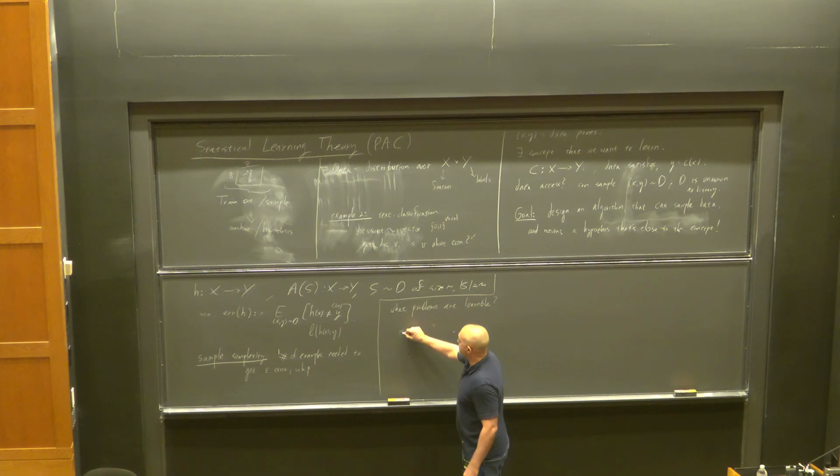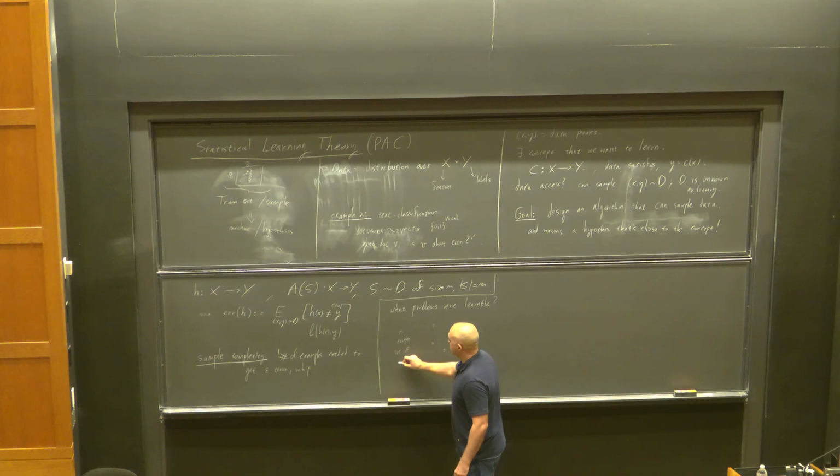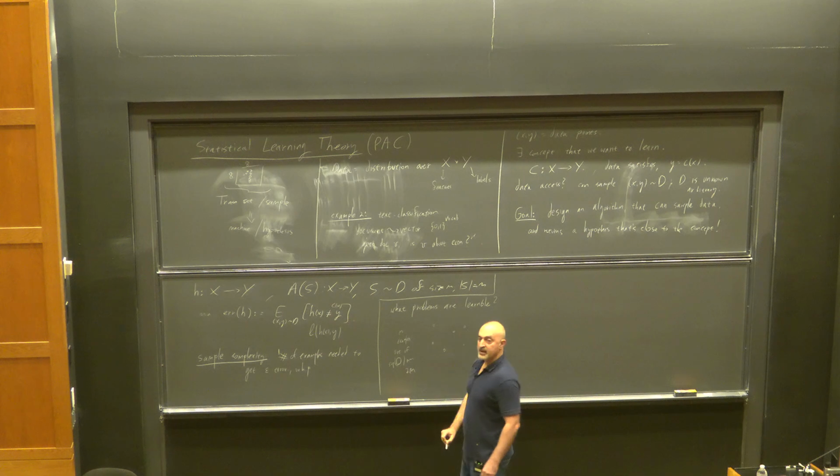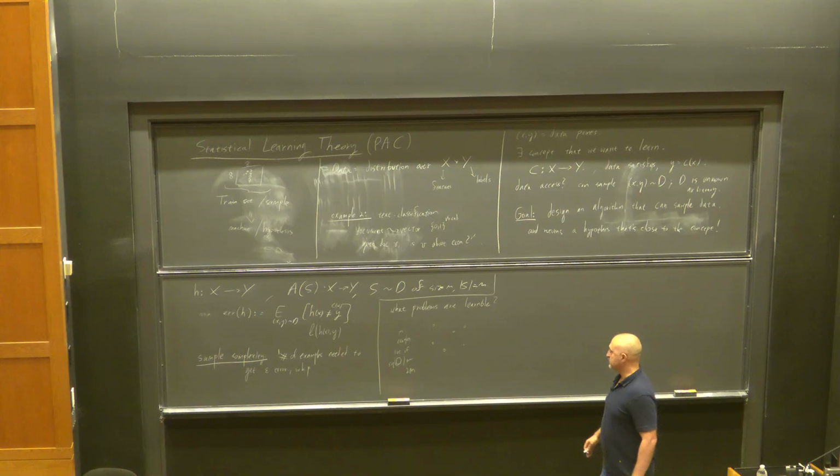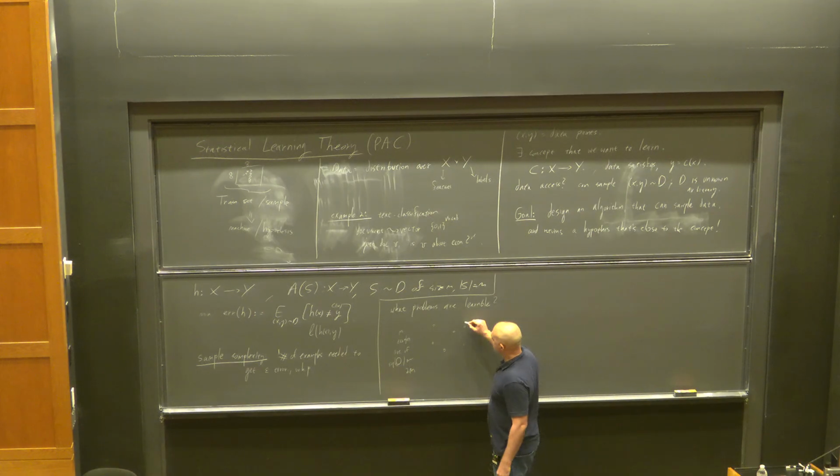So let's say that I have some M examples out of this distribution D that's supported over 2M. So even I've seen half of my universe. I've seen this is 1, this is 0, this is 1, 0, and so on.